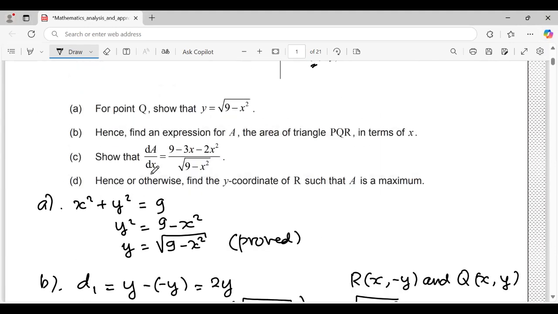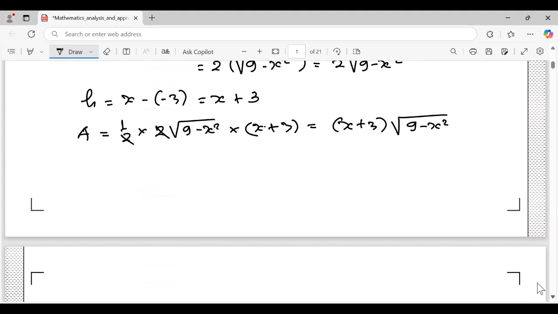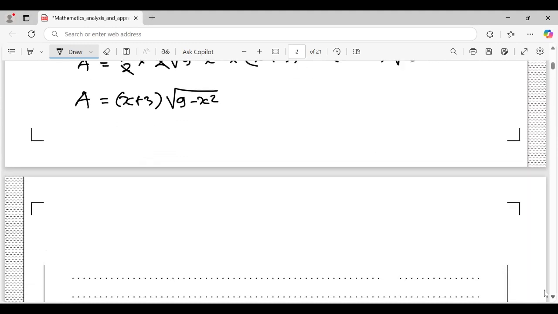Part C. Show that dA/dx equals this expression. A equals x plus 3 times square root 9 minus x squared. I would like to use the product rule.